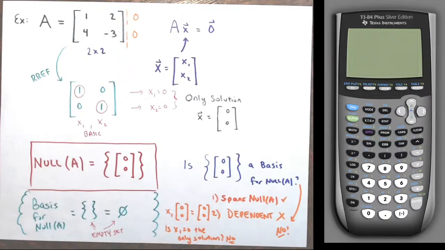And then you just set up every variable, solve for every variable, get every variable in terms of the free variables, and describe all the solutions. And there's your null space. And then if you've done that correctly, the set that spans the null space should be a minimal spanning set, right? So it should be a basis for the null space as well.